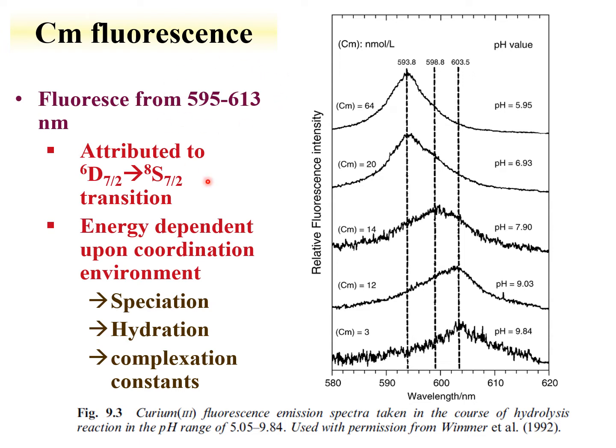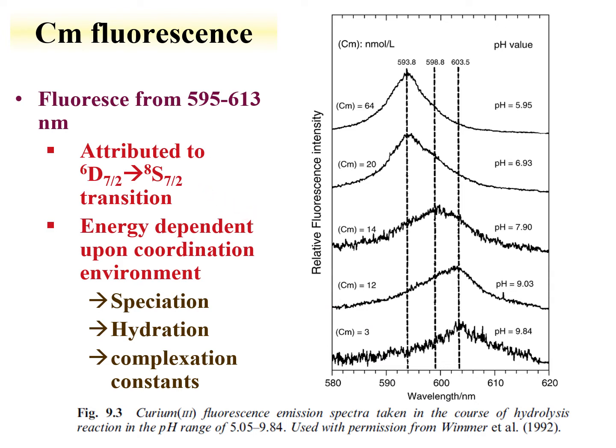The absorbance, again, could be in the UV region between 375 and 400 nanometers, with the fluorescence between 595 and 610 nanometers. The energy, both the actual energy of the fluorescence and the lifetime of the fluorescence, is dependent upon the coordination environment.